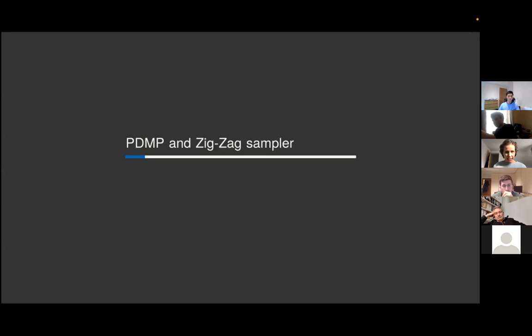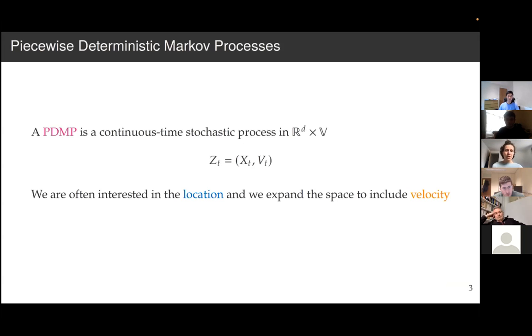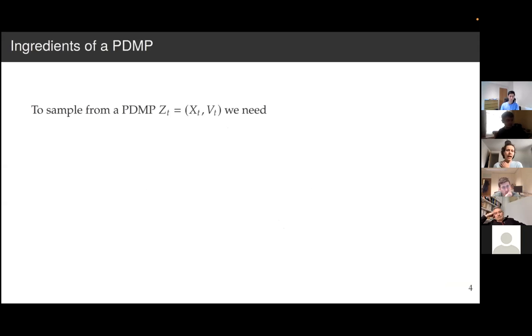Okay, let's get started. I'll mainly set the notation and give you a couple of elements of PDMPs and zigzags. A piecewise deterministic Markov process is a continuous time Markov process, usually used to explore a location of interest x_t, and the space is extended with a velocity v_t, which helps us explore this location efficiently. To sample from a PDMP, we need to set three basic elements.